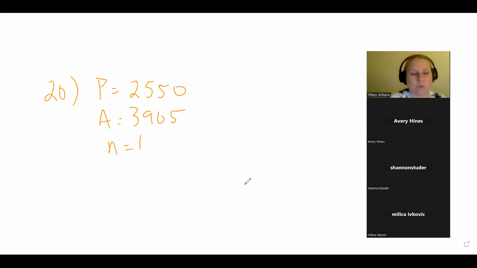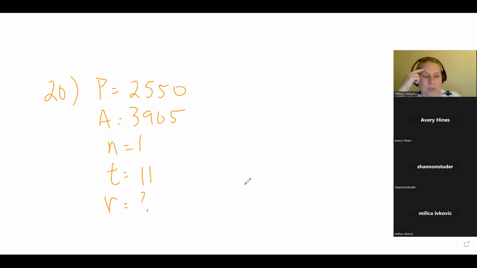So our N is going to be a 1. And we know our T because they told us it was for how long? 11 years. Yeah. The one thing we don't know though is our R. So we're asked to figure out what our R is.